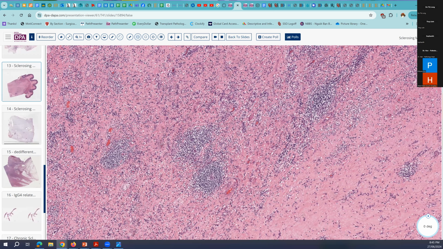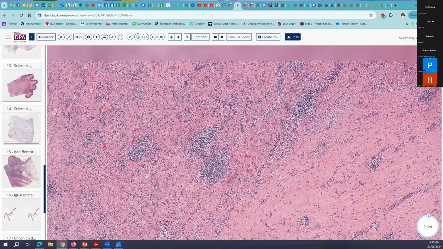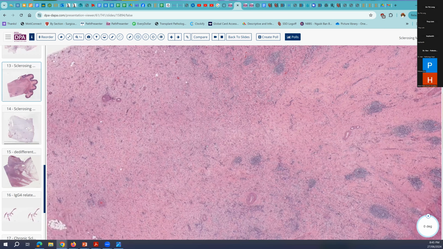And if your proportion of IgG4-positive plasma cells is appreciably more than, say, 20%, you're most likely dealing with an IgG4 disease. This case did not have that finding, so we couldn't establish that as the etiology.